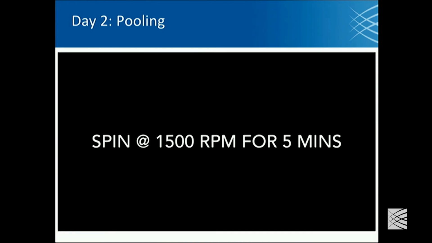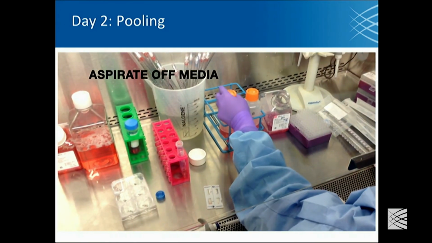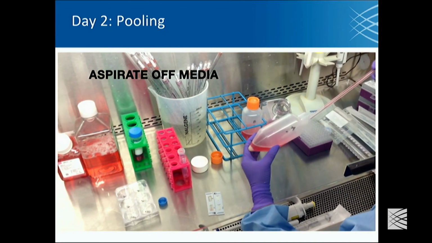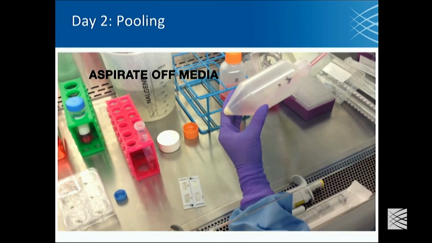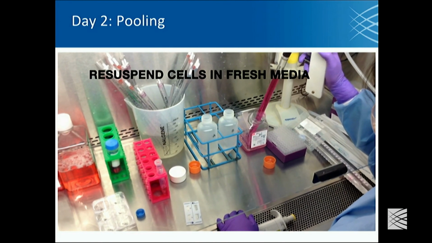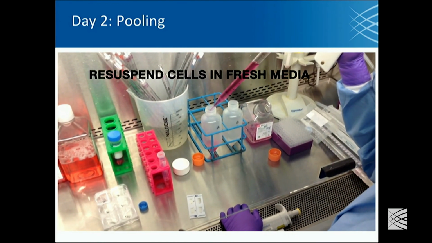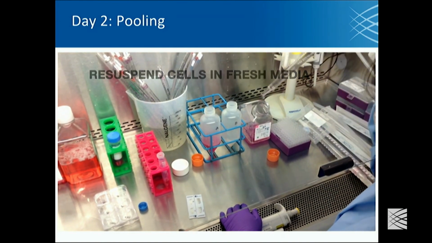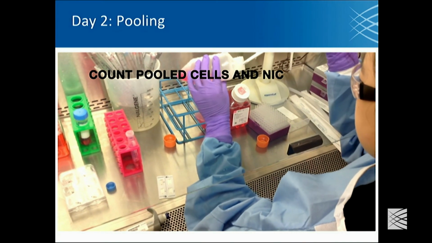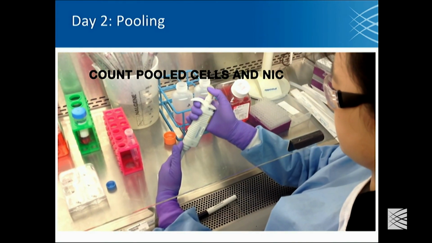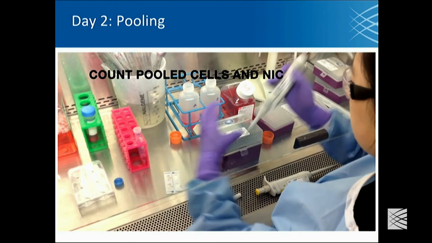Spin the conicals at 1500 RPM for 5 minutes, aspirate off the media, and resuspend in fresh media. Resuspend the cells thoroughly. Count the pooled cells for each replicate as well as the NIC well.